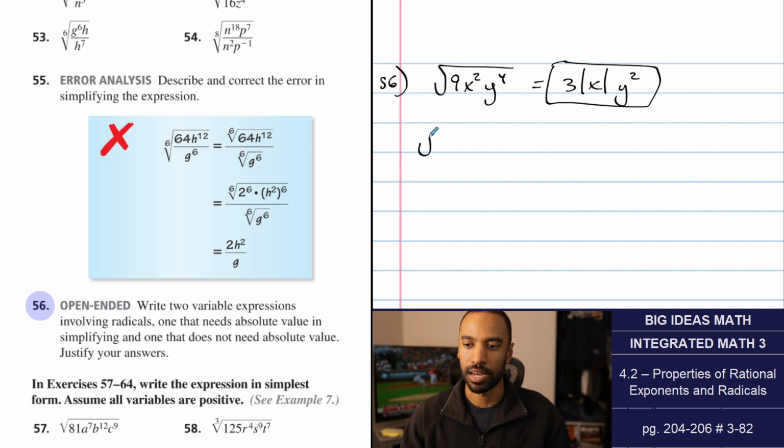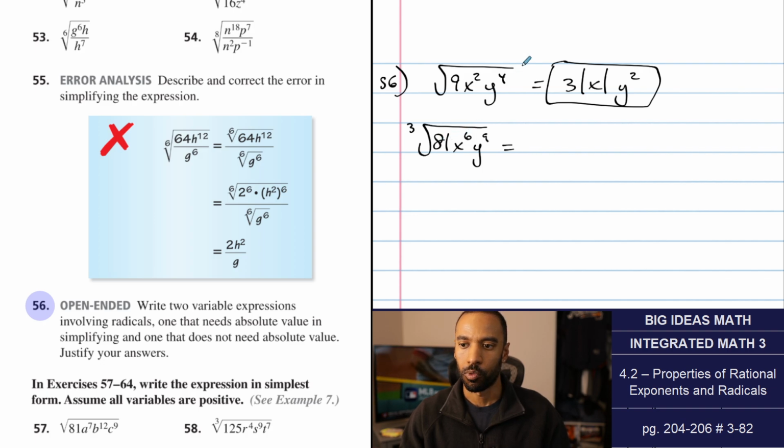Now, one that would not need it would be something like the cube root of 81 x to the 6th, y to the 9th. Now, this would become, well, let's actually do this. Let's just do x to the 3rd and kind of do the same stuff. Oh, not 81, let's do 27.